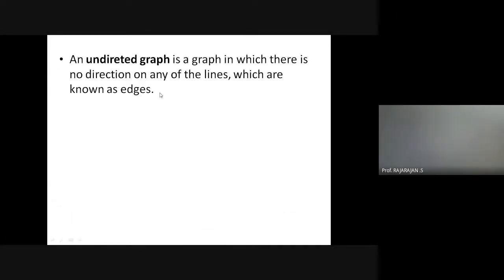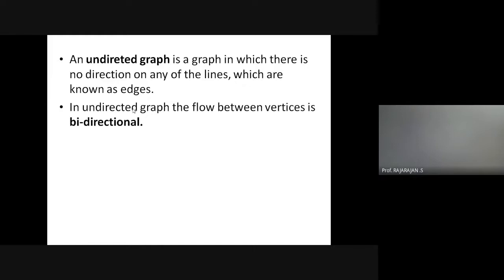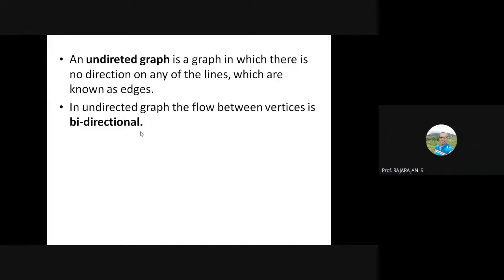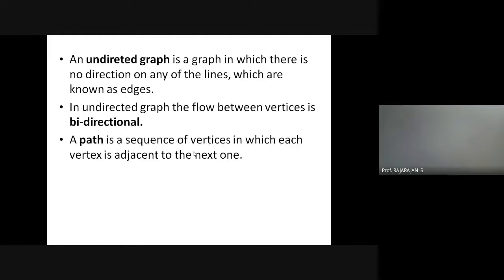An undirected graph is a graph in which there is no direction on any of the lines, which are known as edges. By default, the undirected graph is bidirectional, so you can move in either direction when there is no specific direction provided.